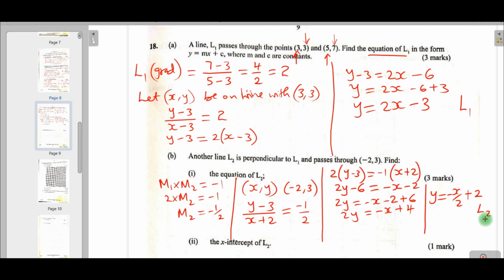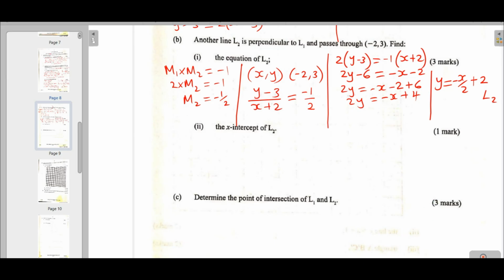Then from there we find the x-intercept of L2. Now, at the x-intercept, that is on the x-axis, y is 0, and therefore we substitute the value of y is 0 into the equation of L2.